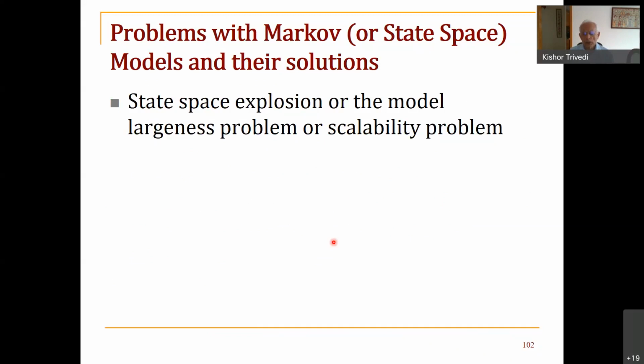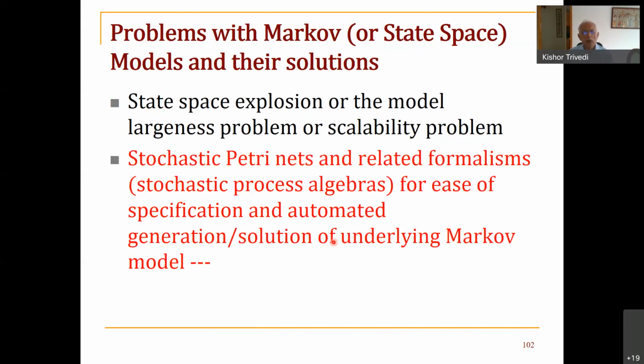Well, there are two broad categories of methods that I have been talking about. One is what we call largeness tolerance. So what we'll do is provide a high-level formalism to the user of such tools and such models. This formalism will be succinct, and you will be able to express the model in this higher level formalism even for a very large system.